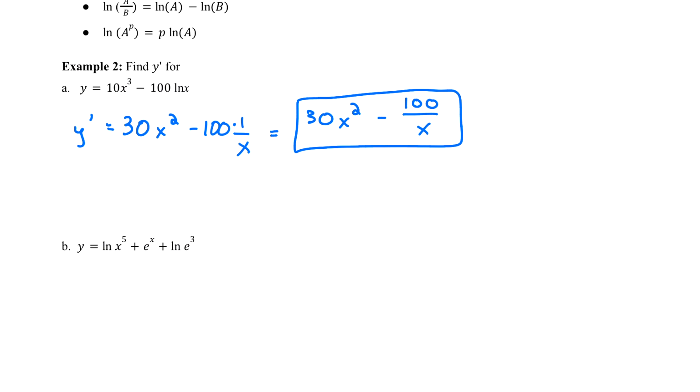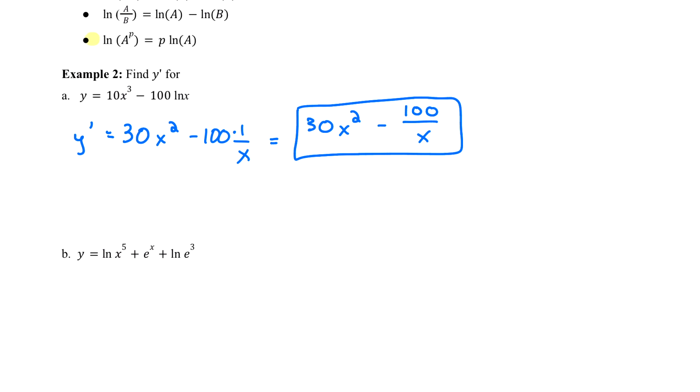In this case, I'm going to have to make use of that third logarithm property, which says I can take a power and rewrite it as a factor. One thing to be careful of: this maybe looks similar to the power rule for derivatives because we're multiplying by the power, but we're not actually taking the derivative here. We're just rewriting the logarithm function. After we simplify, we're still going to need to use our derivative rules.